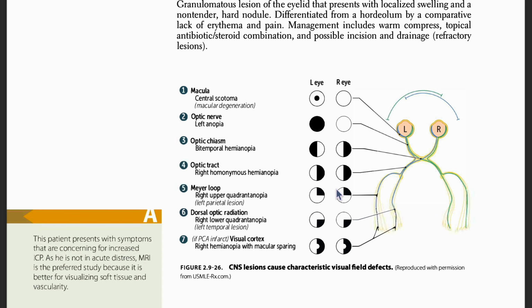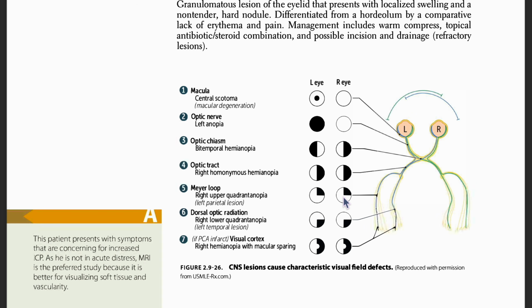Okay, so optic tract down here. If it's on the left side, you'll have a right homonymous hemianopia. Okay, so if it's on the left side, your right side is going to be gone. Right, so it's on the opposite side. So if it's on the left side, then it's the right. If it's on the right side, then you get the left homonymous hemianopia.